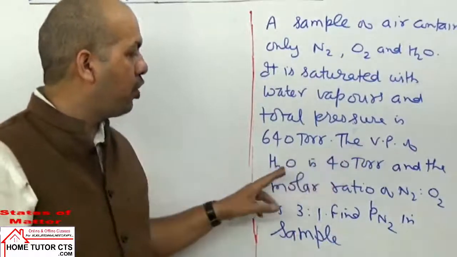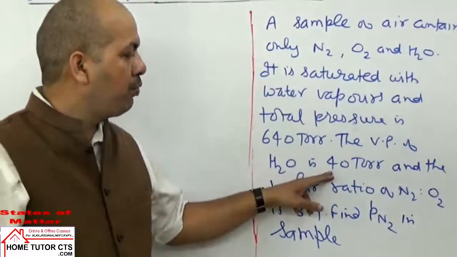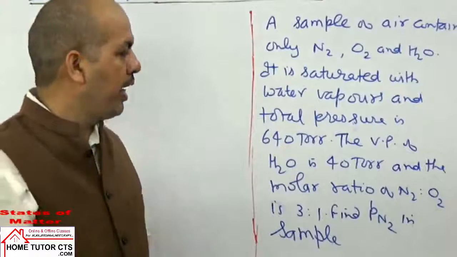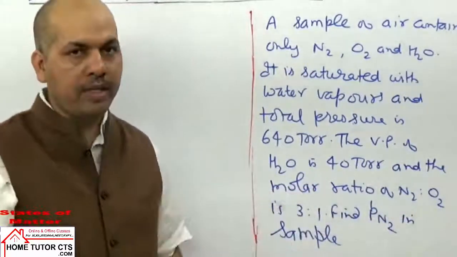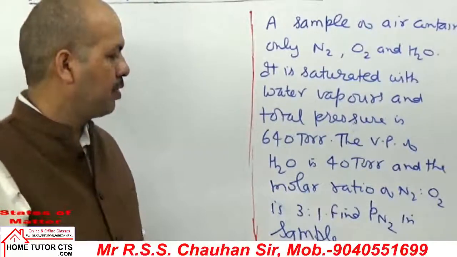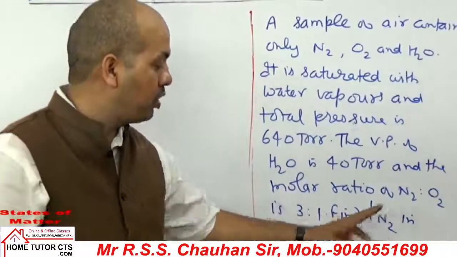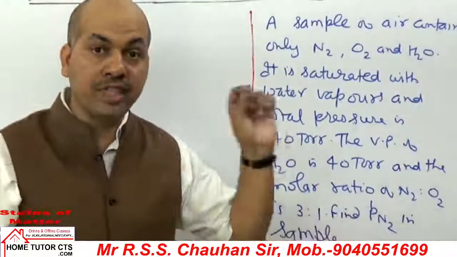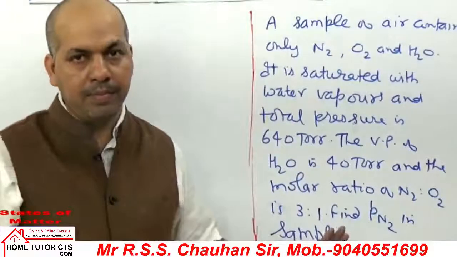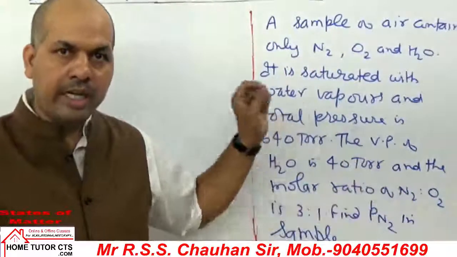The vapor pressure of water is 40 torr and the molar ratio of N2 and O2 is 3:1. Find the partial pressure of nitrogen in the sample. Note the question and try this question here.